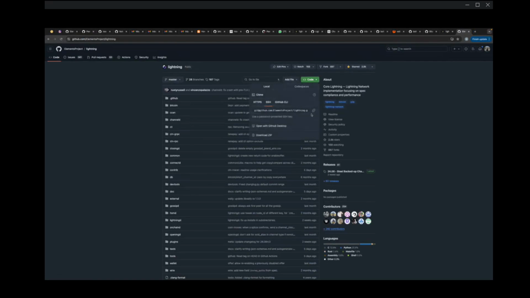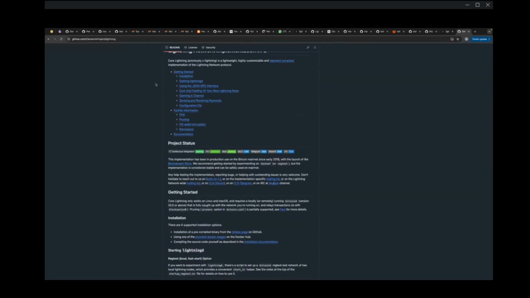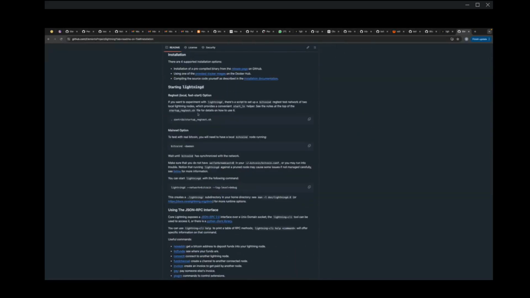So you can clone it on your local computer, and you would have to follow the instructions of installation. And after installing, you just have to run this command. It's a shell script if you know what it means. All right. Yeah. Thank you so much. When you run this script, it would automatically spin up some nodes on your local computer.